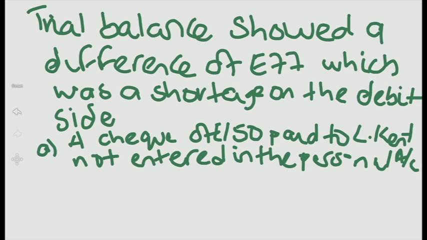That's the first error. The second error that we discovered, purchases account had been undercasted by 20 emalangeni.